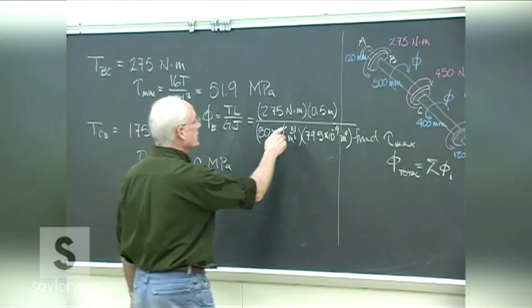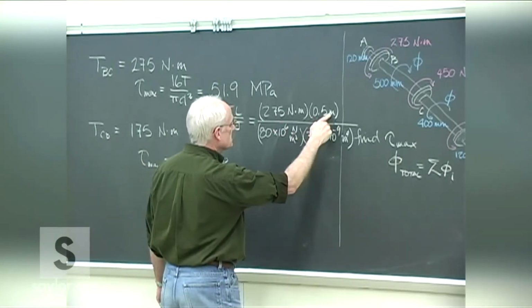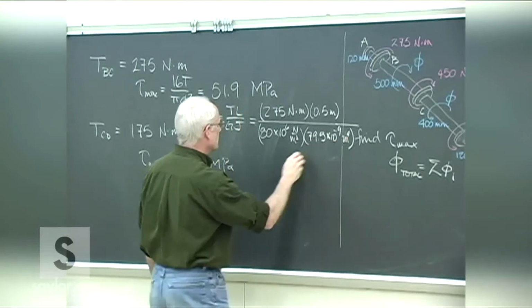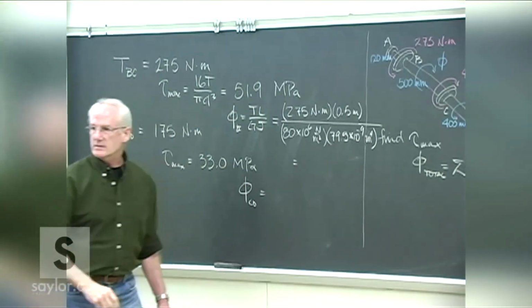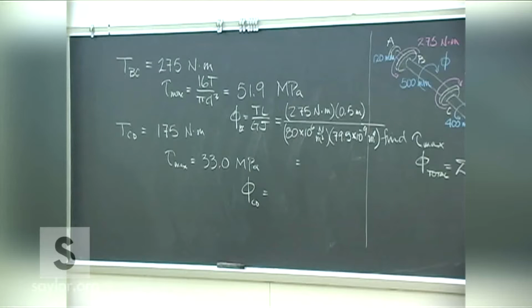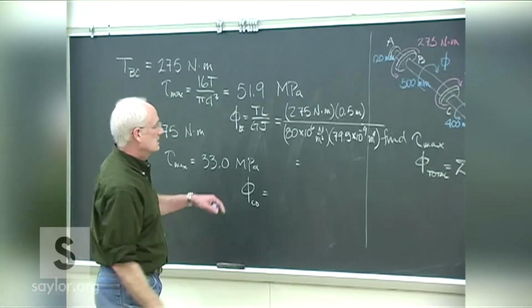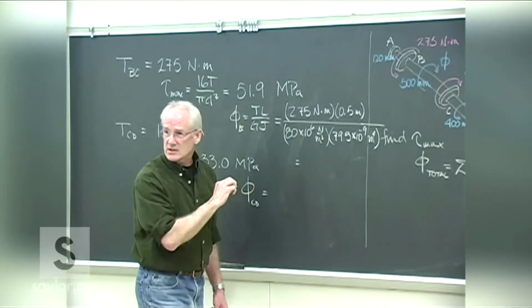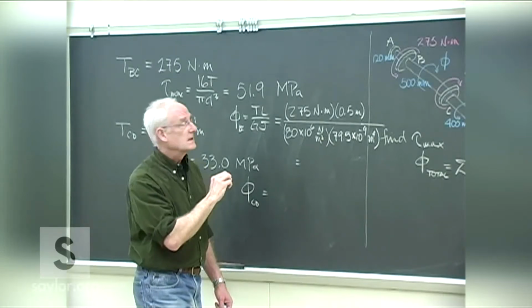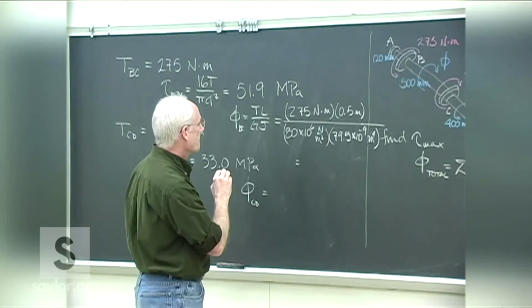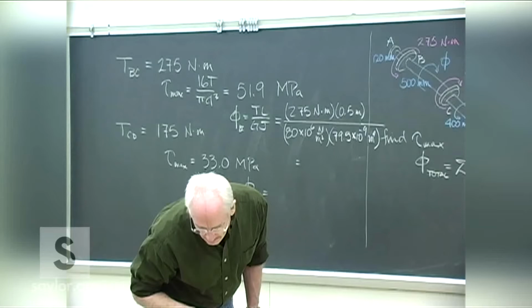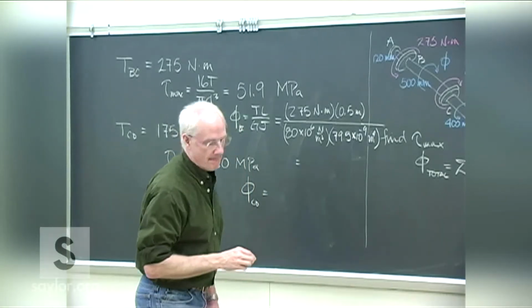Okay, so now the units are all okay. Newtons, meters, meters to the 4th, meters to the 4th. And then what's that come out to be? 21.6 radians. So 21.6 radians? Does it really? Yeah, it's off. To the negative 8. Or no, I didn't change it.